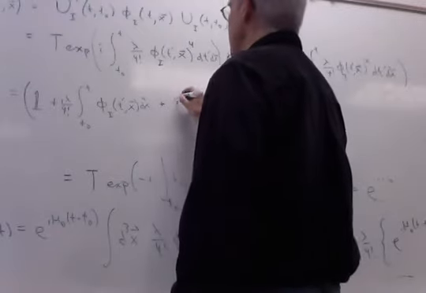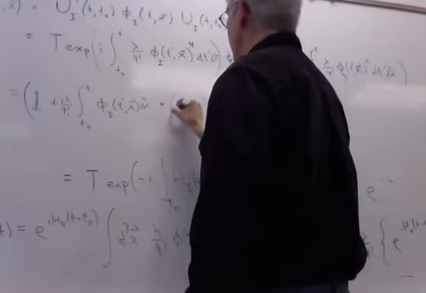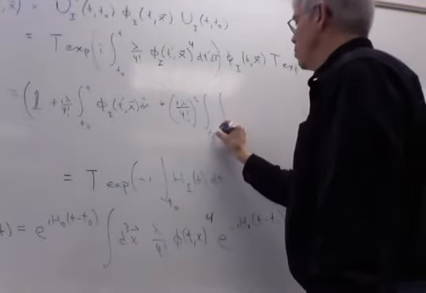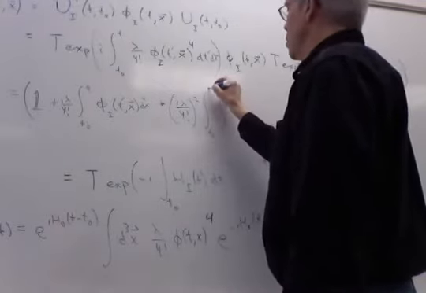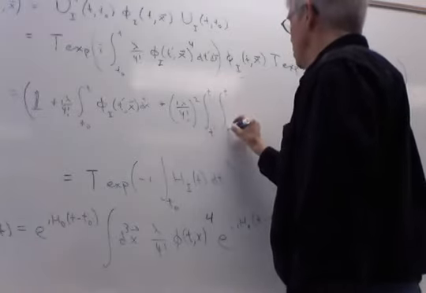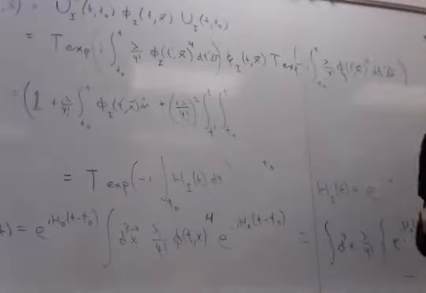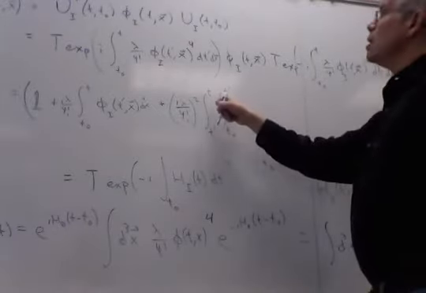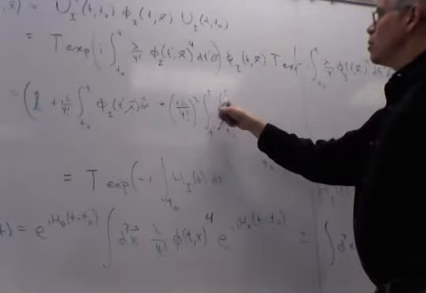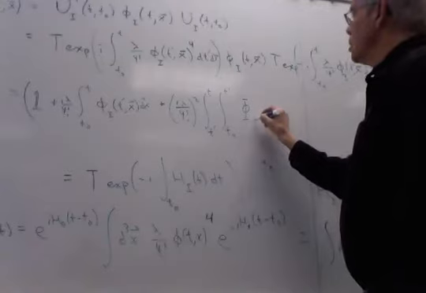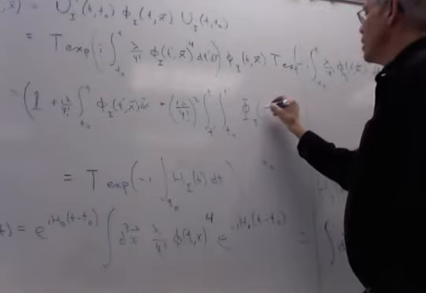Plus the next term is i lambda over 4 factorial squared, double integral. This is the time-ordered product, so we make sure that we have arranged these operators so that later times are on the left.